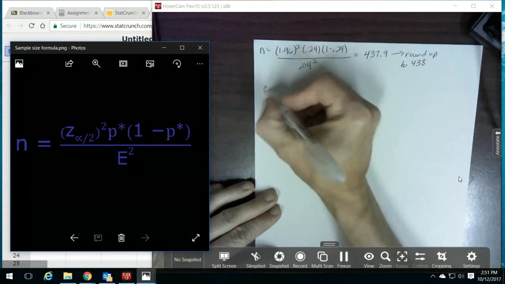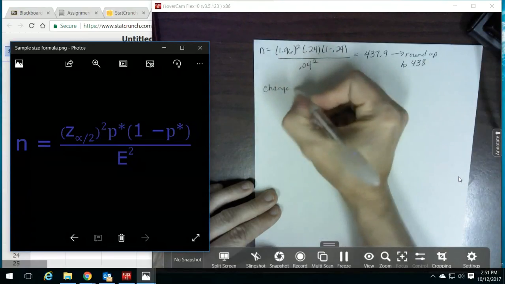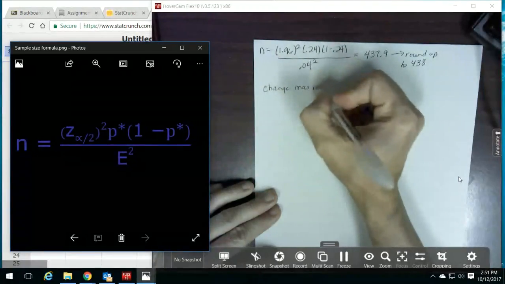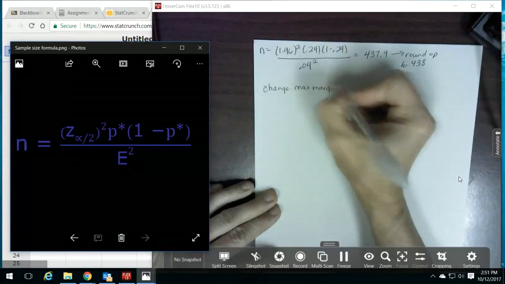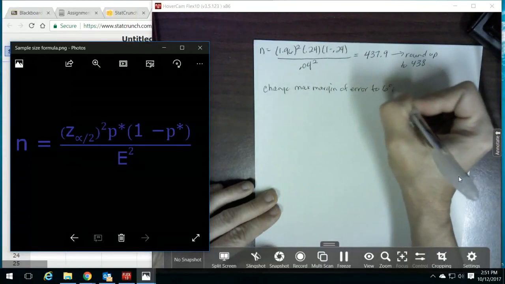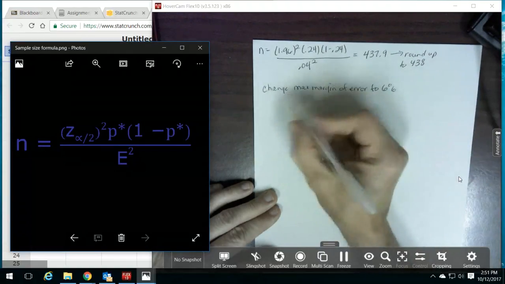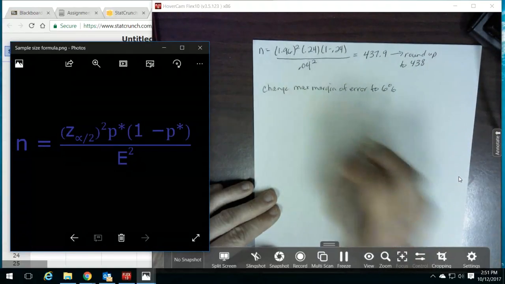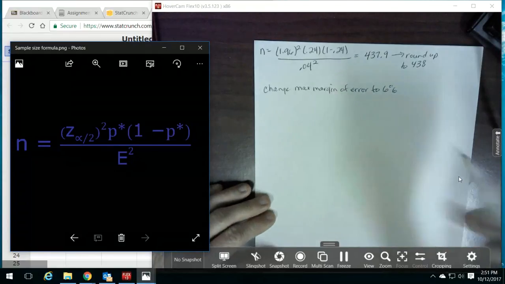So let's change just the maximum margin of error to 6% and see what that does. I'm going to leave my confidence level at 95% and change this to 6%.